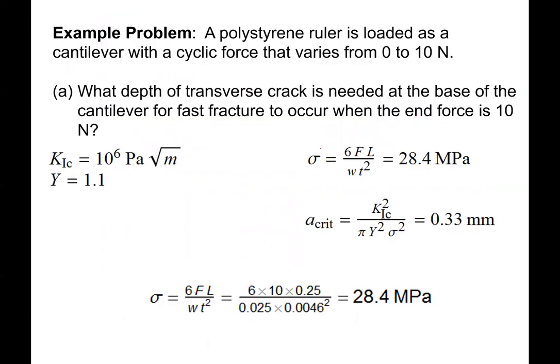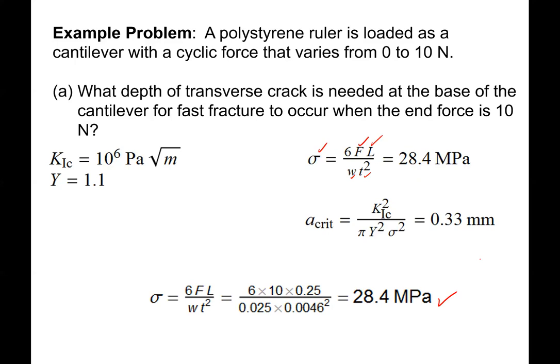All right, so here's our stress equation. The moment is just the force times the length. So the length might be something like half the millimeter length or so, maybe 6-7 inches, depending on how much we hung over. And then we've got, again, our thickness squared and our width of the ruler. If you plug in some parameters for that, shown here down at the bottom, we get something like 28.4 megapascals.